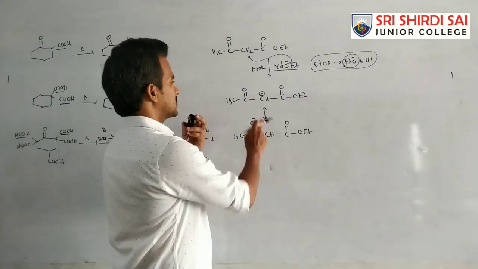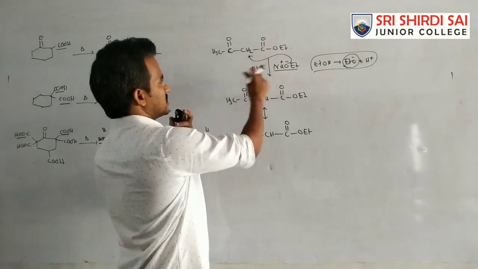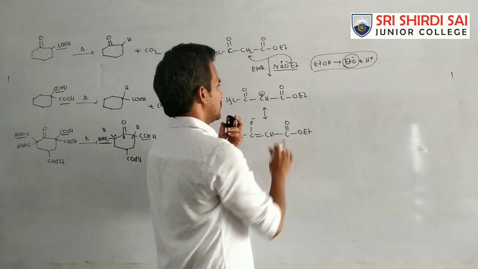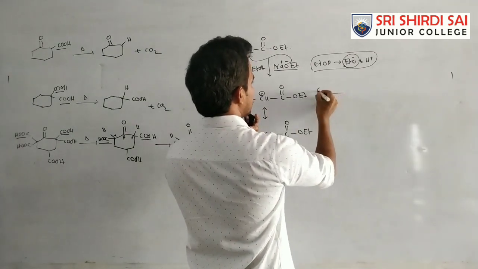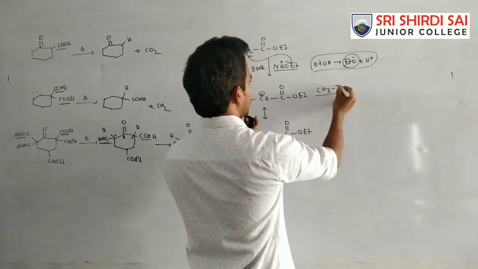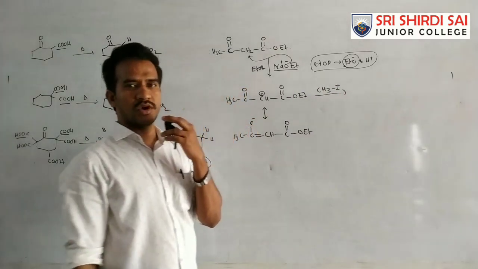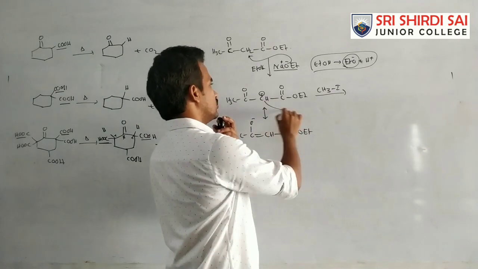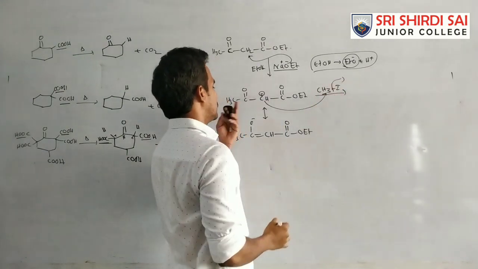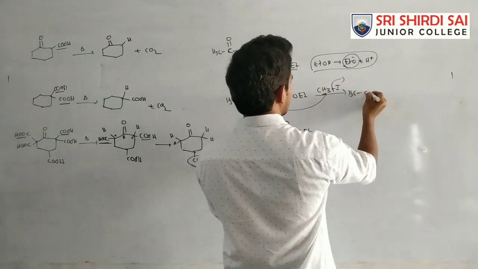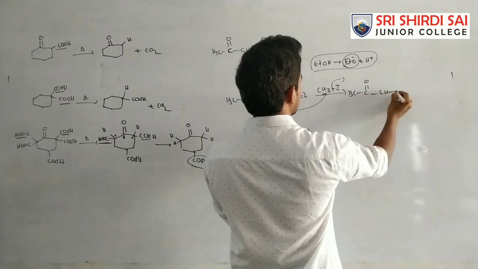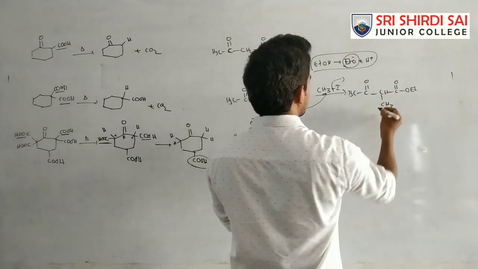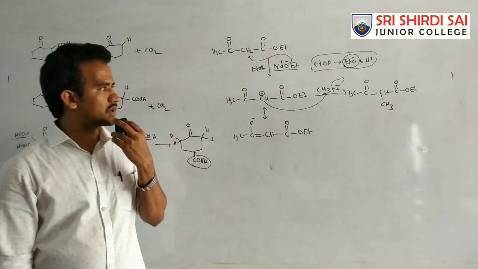So these hydrogens are acidic in nature. This is the base, and that base removes the proton. Now it acts as a nucleophile. Suppose this nucleophile is treated with methyl iodide. Which reaction takes place? Nucleophilic substitution takes place. That means CH3 C double bond O, CH, C double bond O OEt and this CH3. That is the product.